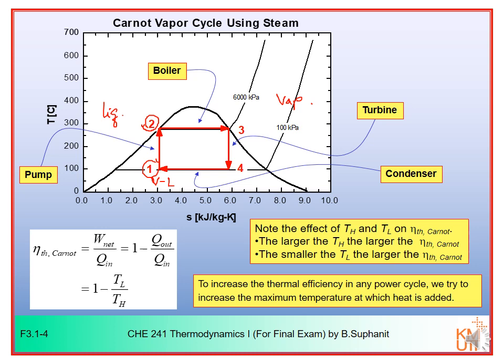The pump can be designed to increase the pressure if the working fluid is only liquid. It cannot be used to increase the pressure of the vapor. So it's not practical to design a pump which can handle two phases between vapor and liquid here. So this is the first reason why Carnot didn't work well with the vapor working fluid.